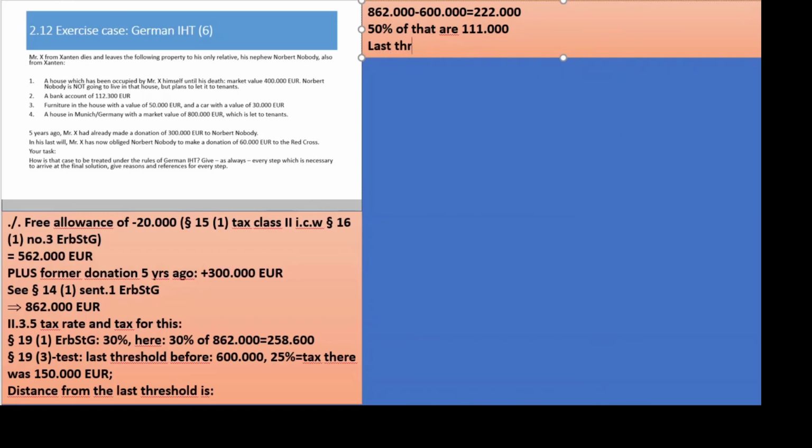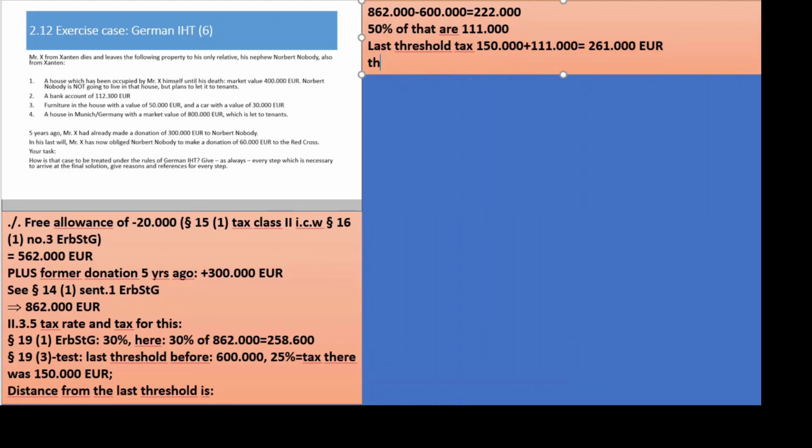So last threshold tax of 150,000 plus 111,000 would be 261,000 euro, and that is the limit for tax under paragraph 19.3 of the Inheritance Tax Act.